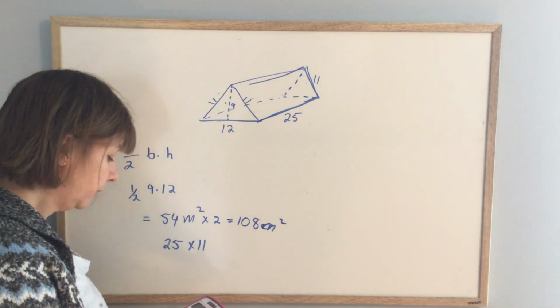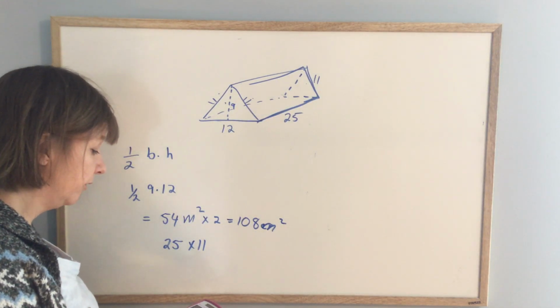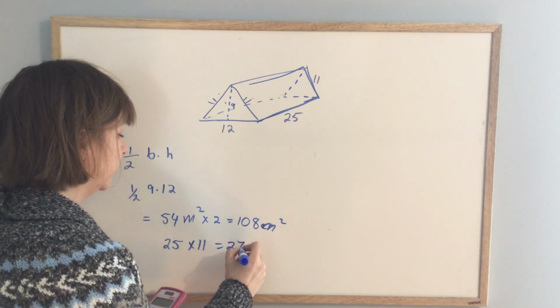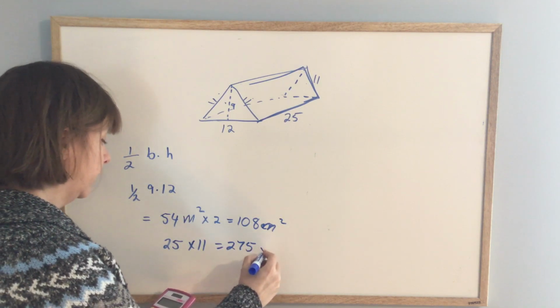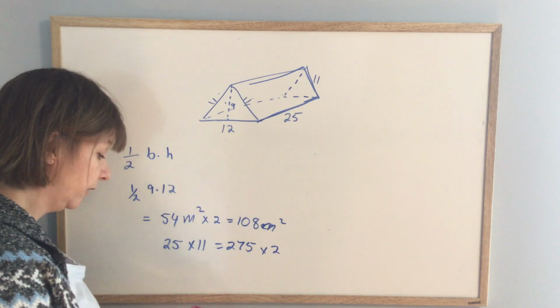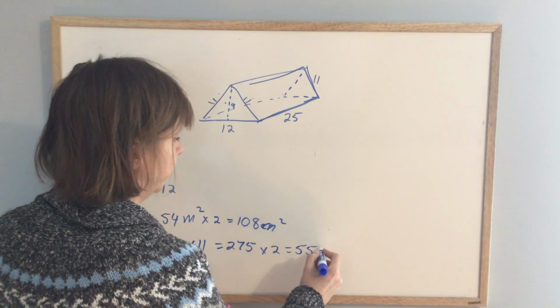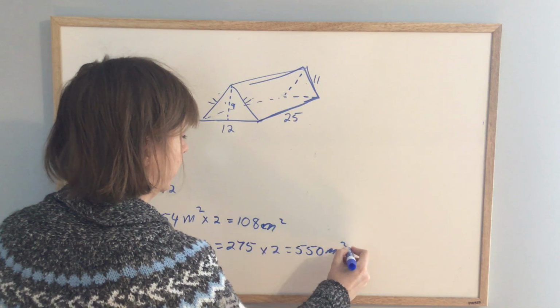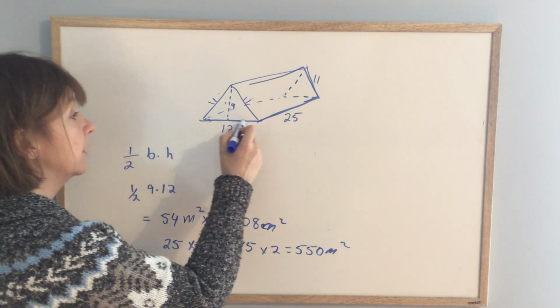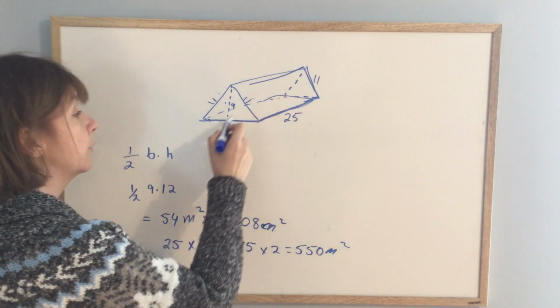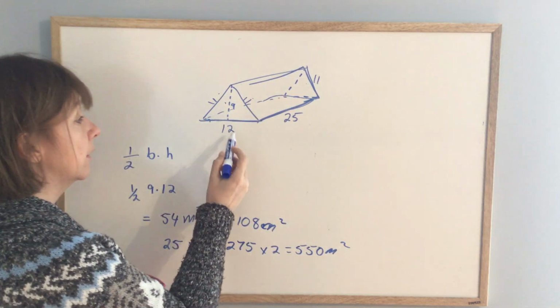So 25 times 11 is 275 times 2, because there are 2 of them, is 550 meters squared. Now there's one more rectangle. There is the floor, and it's a different length and width.